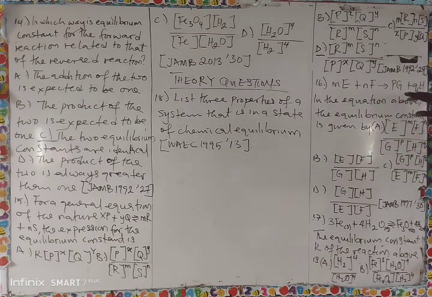It must be product over reactant: G raised to power p, times H raised to power q, over E raised to power m times F raised to power n. The answer is C. So please don't joke with these kinds of questions.